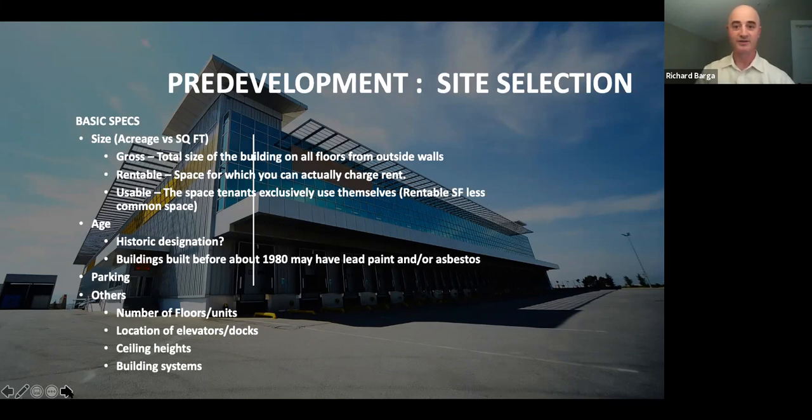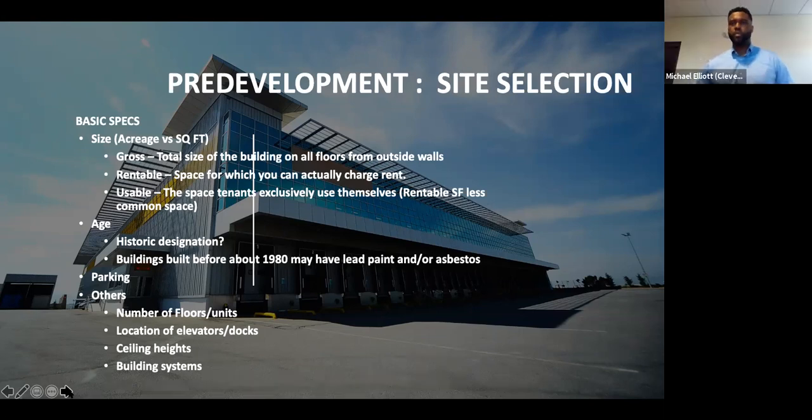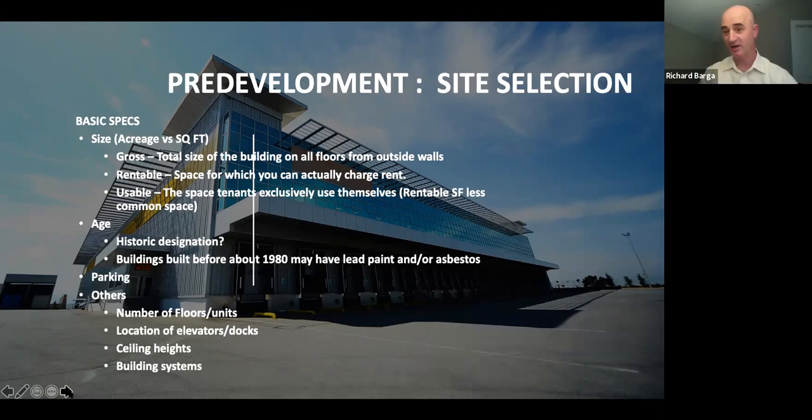And then whether there are elevators, docks, ceiling heights, and building systems, these are all really important if you're talking about industrial property, but may not be relevant when you're talking about residential properties. So going back to that concept, knowing what you're trying to build is important. So keeping all of these things in mind.